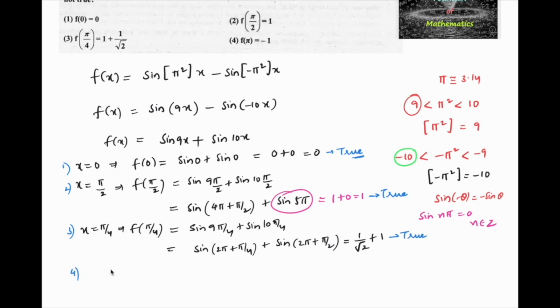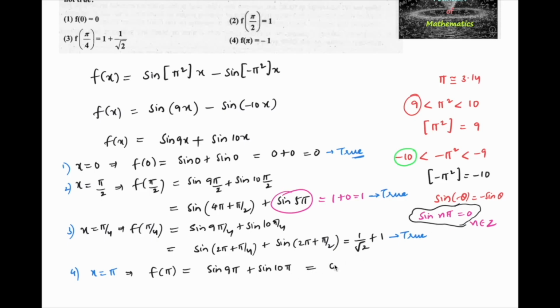And coming to the fourth option, f of pi, when x is equal to pi, f of pi is equal to sine 9 pi plus sine 10 pi. For any integral multiple of pi, the sine value is equal to 0.